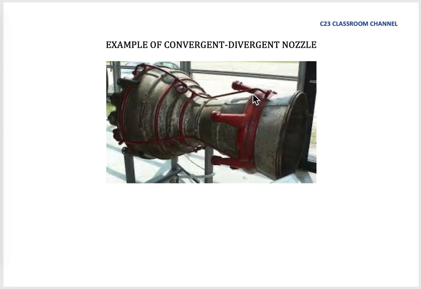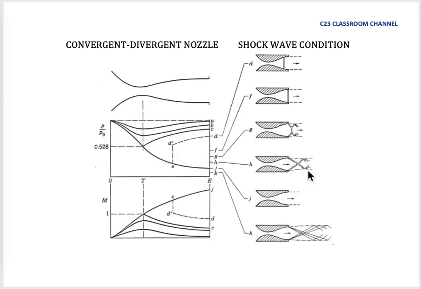And this is the real part of a convergent-divergent nozzle, which has a special design. When we give high pressure here, the high pressure will convert into high velocity in the throat, so it could reach Mach number 1.